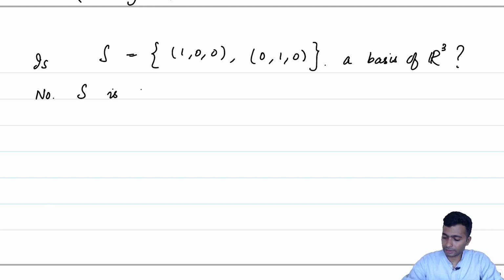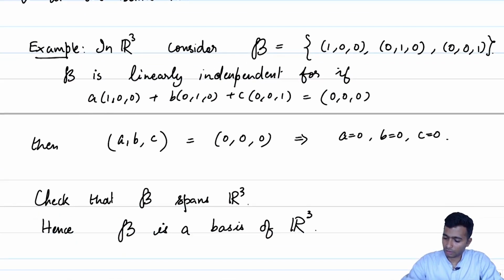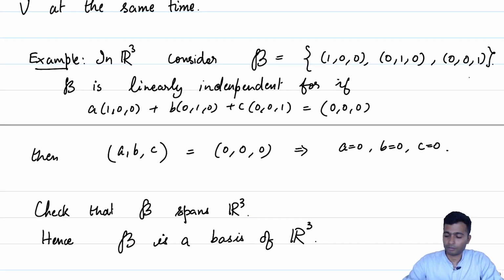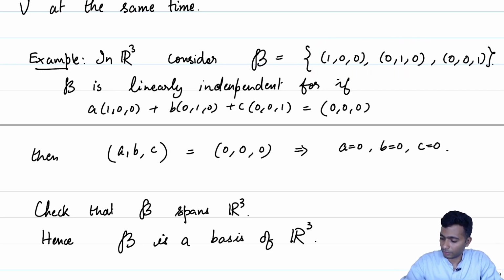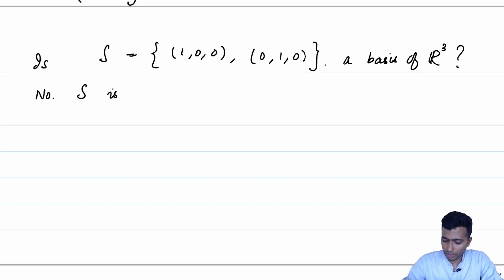Observe that S is contained in a basis B, because it is after all the first two elements in this basis, and a basis to begin with is linearly independent. Therefore, this set is also linearly independent. A subset of a linearly independent set will also be linearly independent. Therefore, S is certainly linearly independent.